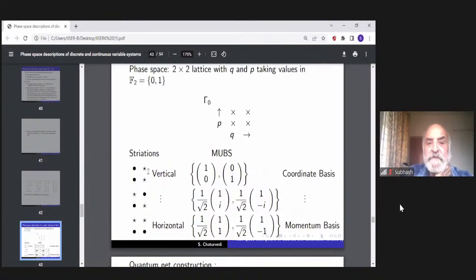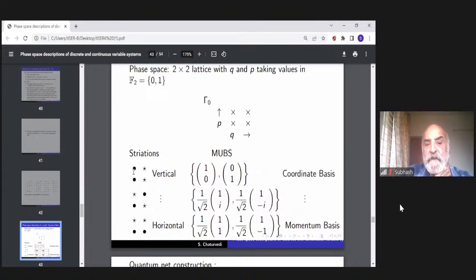So with each striation, you associate a mutually unbiased basis. Now, each striation has a corresponding isotropic line. You associate a projector corresponding to some vector in this mutually unbiased basis to that line.